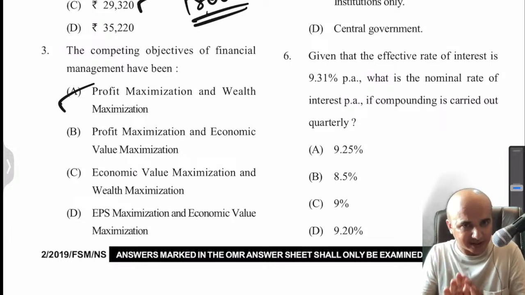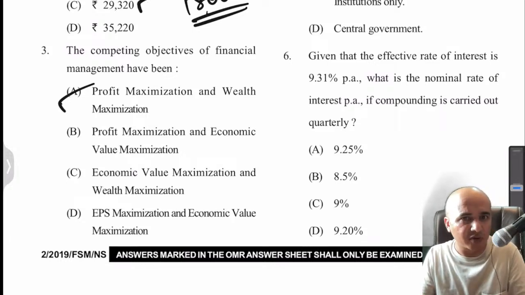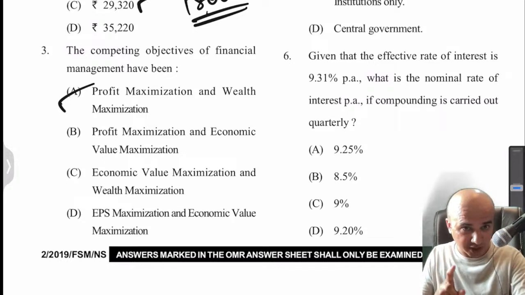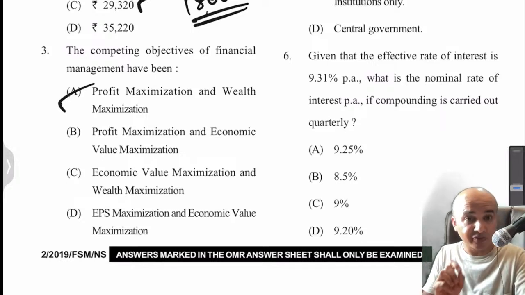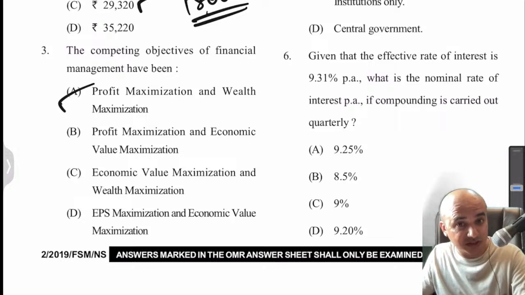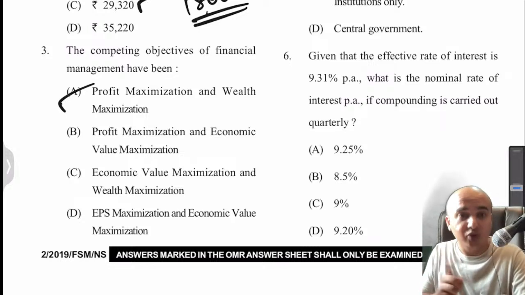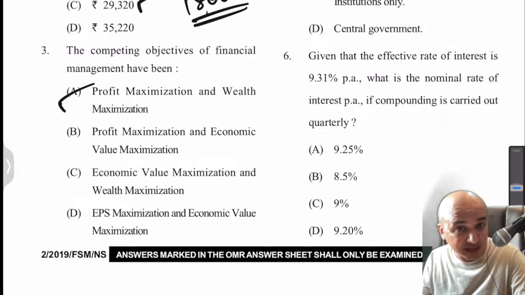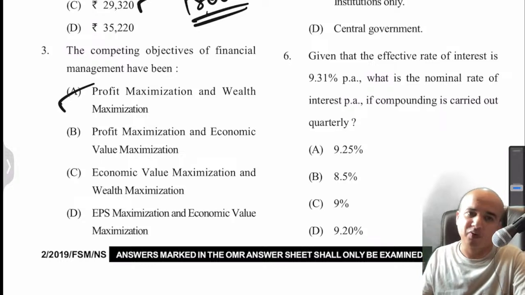This objective is there, but it is relatively straightforward and emphasizes the financial performance of the firm in the short run. Whereas wealth maximization, on the other hand, takes a long-term perspective and aims to maximize the wealth of the shareholders. It considers the time value of money and takes into account the risk associated with investment decisions. Wealth maximization also focuses on increasing the market value of the firm's shares over time by making sound investment decisions and generating sustainable profits.